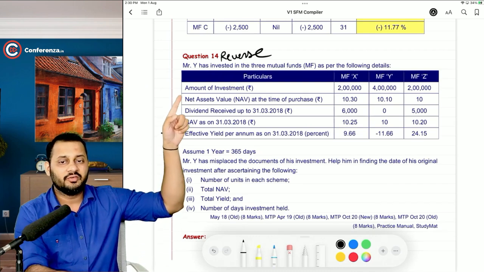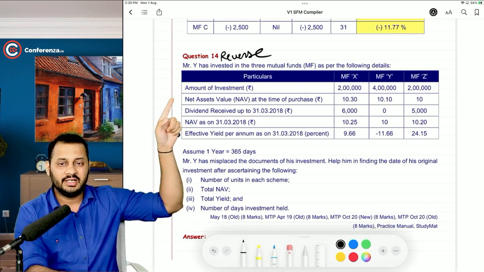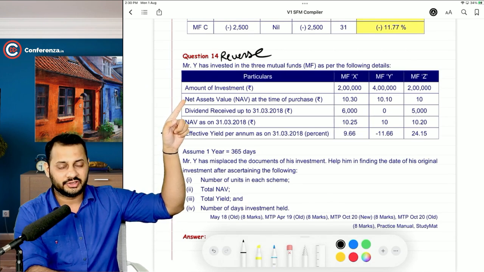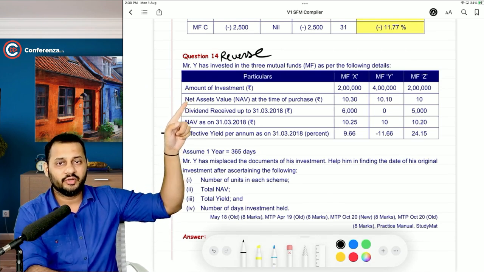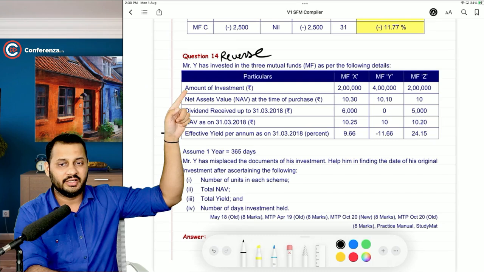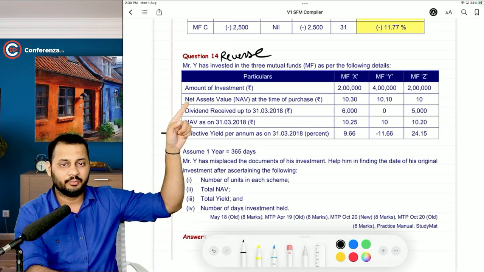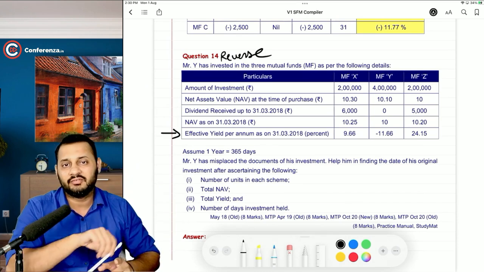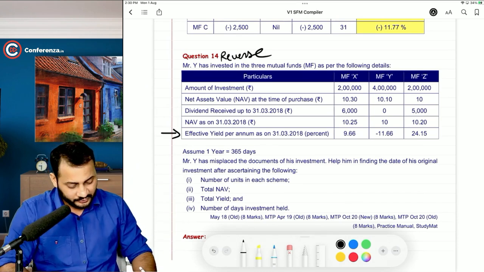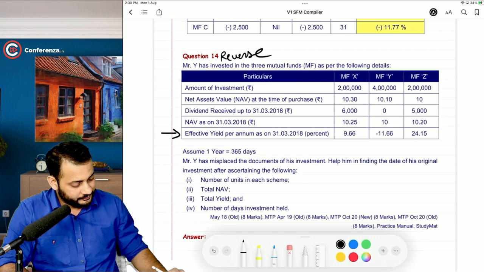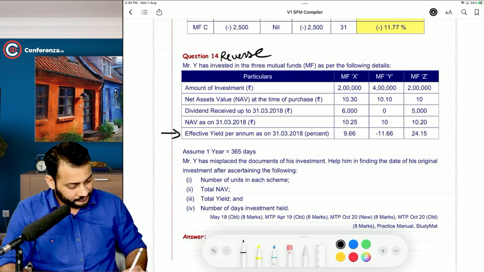See, the amount of investment is given to us, and the net asset value at the time of purchase. So with these two figures, what do you think we can calculate? If we divide 2 lakhs by 10.3 in mutual fund X, we will get the number of units that we have purchased. Okay, so what will be the number of units? Let me just calculate.